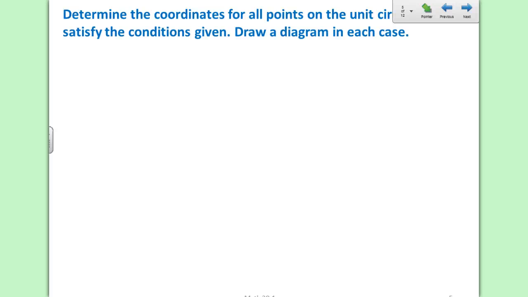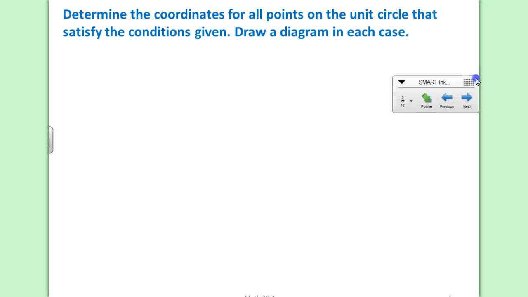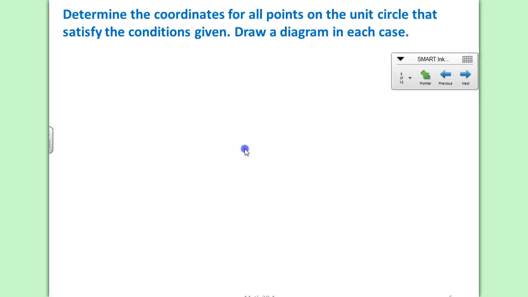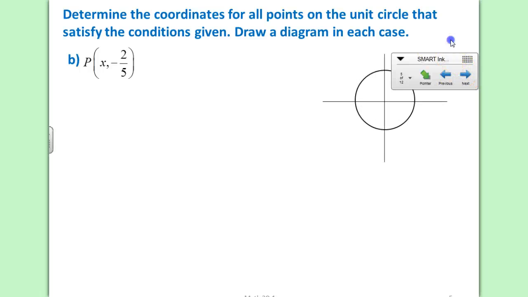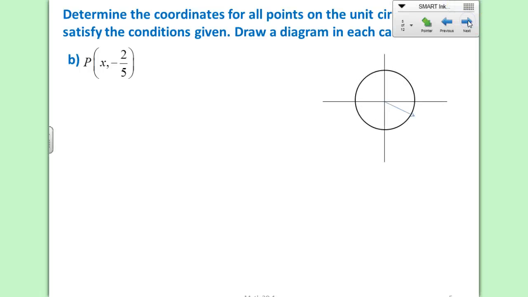The next condition says, determine the coordinates for all points on the unit circle that satisfy this condition. Well, what about if the y value is minus 2/5? Oh, that's different. Again, we draw a diagram to see. If y is minus 2/5, we now know it could be in two places. It could be in quadrant 4 or quadrant 3.